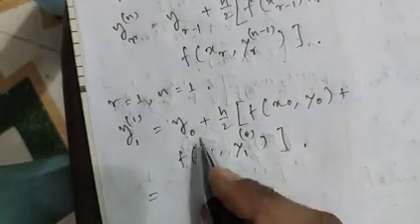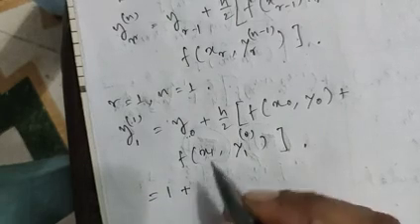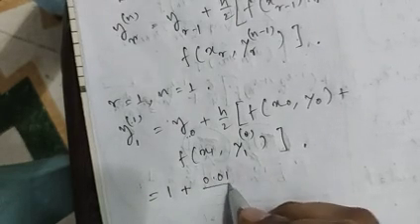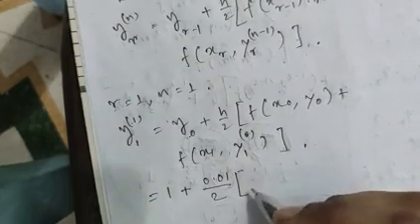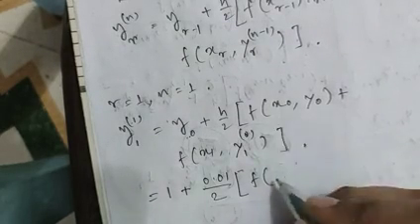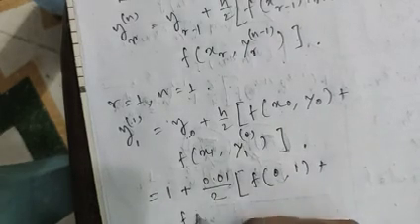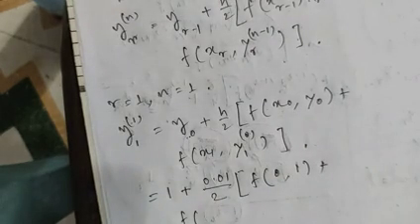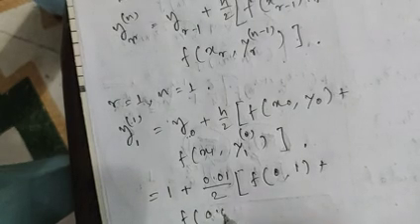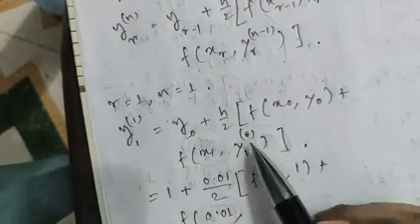We know all those values. y0 is 1 plus 0.01/2 into [f(x0 was 0, y0 was 1) plus f(x1, ...)]. x1 means x0 plus h. So x0 is 0 and h was 0.01, that is ultimately 0.01, comma y1.